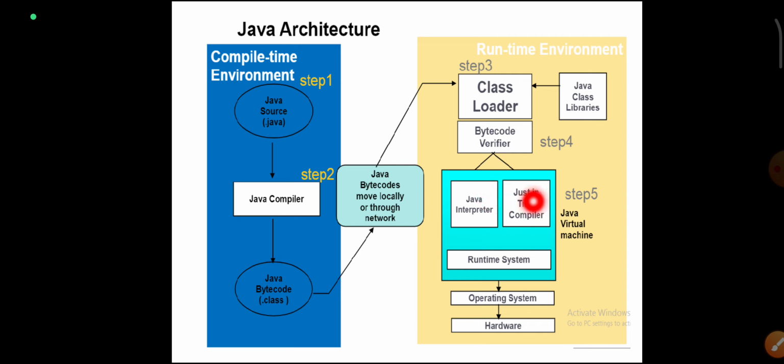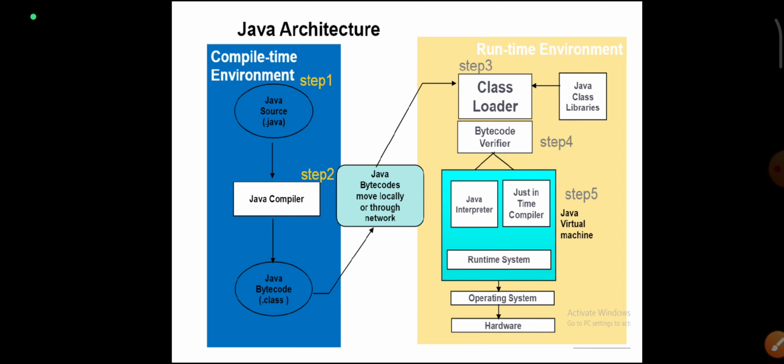In this way, it provides the runtime system to the Java runtime environment. It is an important structure in order to perform the operations, and then it will interact with the operating system and the hardware. So this is basically how the Java program is going to execute. It is a block diagram of Java architecture.